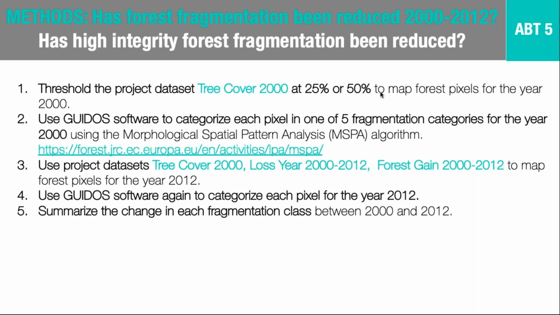And then the next step is to use software called GUIDOS, which categorizes each forest pixel into one of 5 fragmentation classes. Just quickly, the main fragmentation classes are core forest, and that is any forest that is greater than some specified distance from an edge. That distance corresponds to how far you think edge effects propagate through the forest.